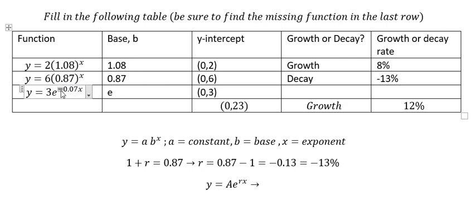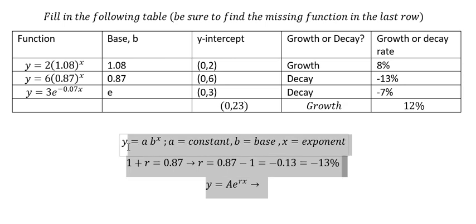If we have the negative sign, that means this is decay. If it is positive, for example like this, it is growth. So we put negative 7% in here because r is the decay rate. And we put negative 7% here.